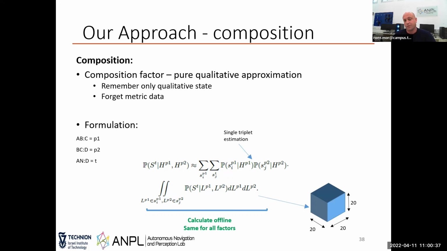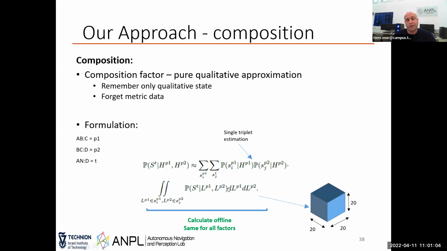You can do this whole metric part offline. You can calculate a box like 20 by 20 by 20, n by n by n. If you have n qualitative states for each triplet, you can calculate all the options for these three different states.